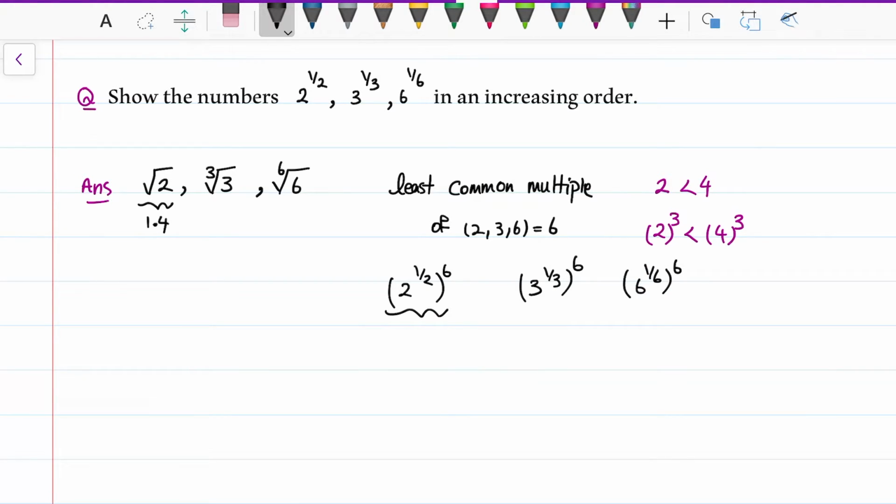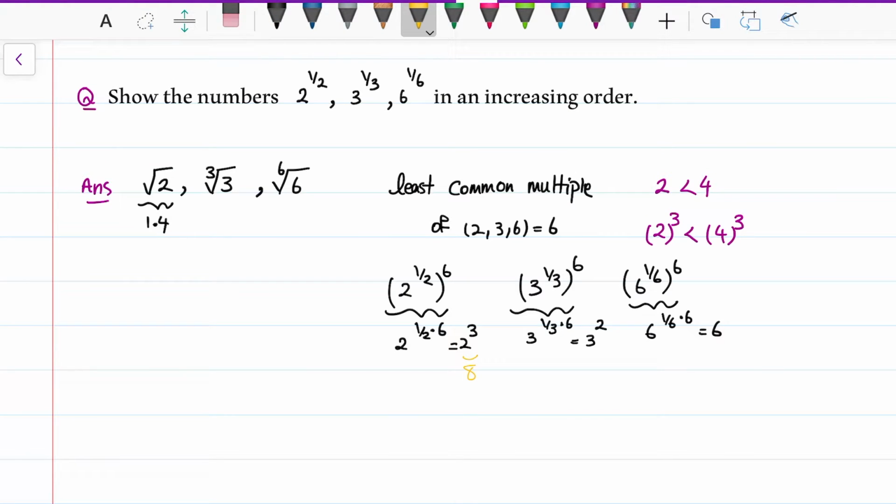So what is this one? This is 2 to the power of 1/2 times 6, which is 2 to the third. And then this one, this is 3 to the power of 1/3 times 6, which is 3 squared. And this one is 6 to the power of 1/6 times 6, which is 6. So what do I have?